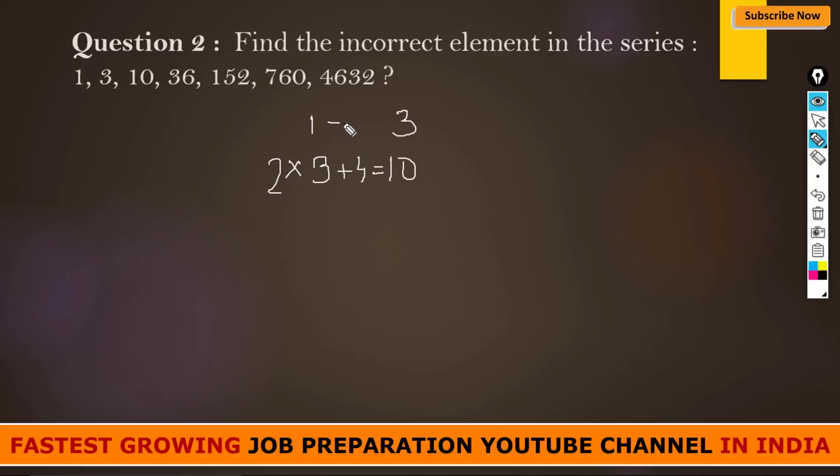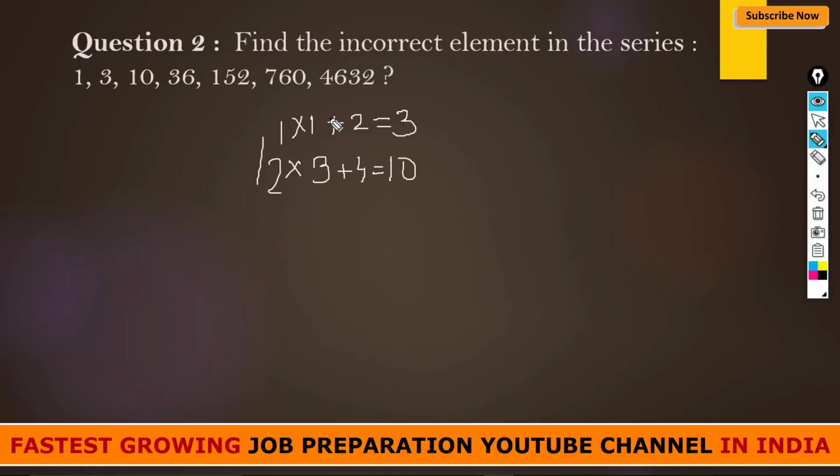So here I can clearly see a series has come: 1, 2, and these are the numbers we are getting, then 2 is an even number, then 4 is an even number.